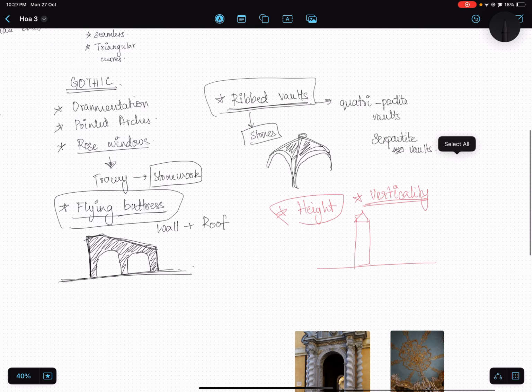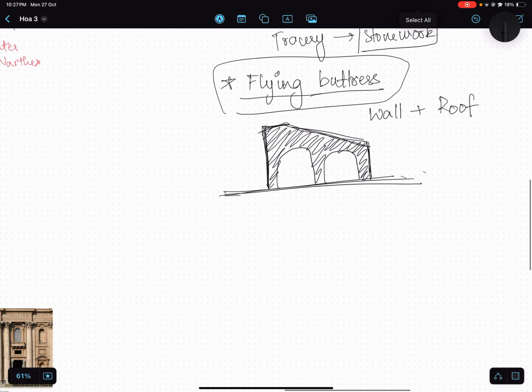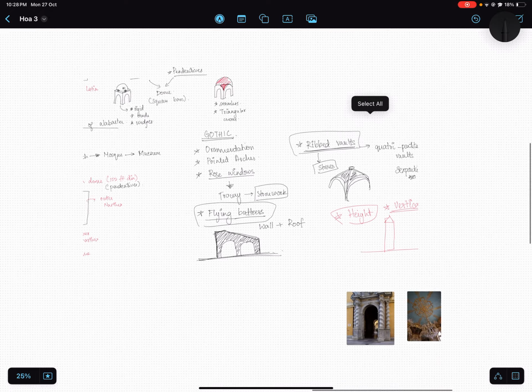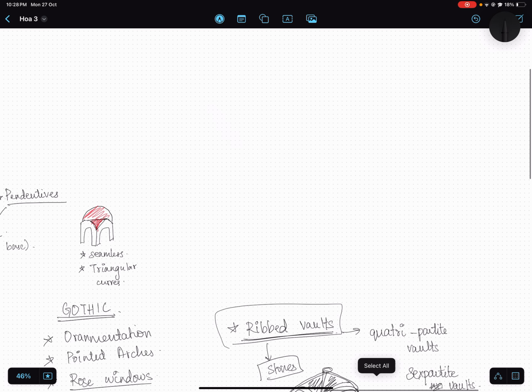Then other features of Gothic architecture: they had gargoyles.